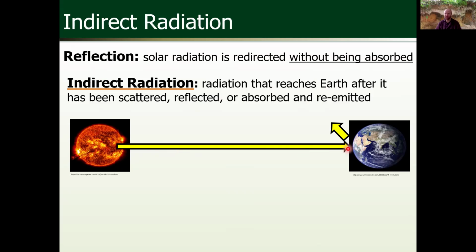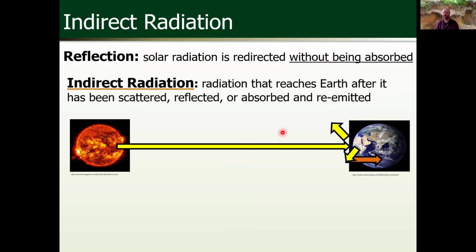We have the solar constant, the radiation that reaches the edge of the atmosphere, and then direct radiation is the amount of that radiation that moves all the way through the atmosphere and reaches Earth's surface without being absorbed or redirected. Indirect radiation is the amount that reaches Earth's surface after it has been scattered, reflected, or absorbed and re-emitted.